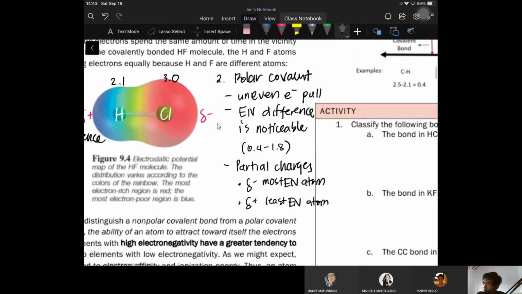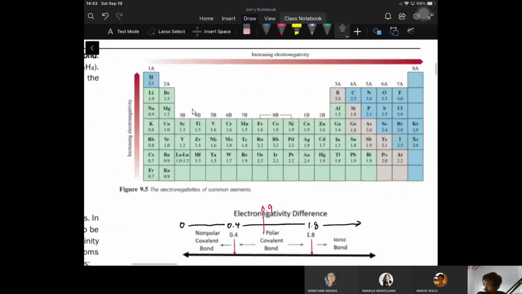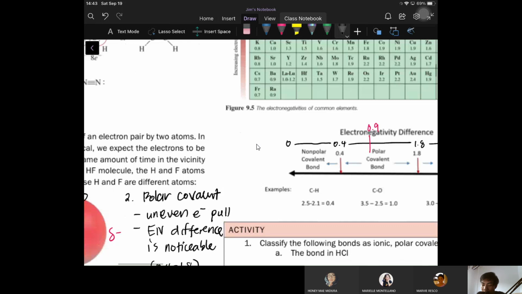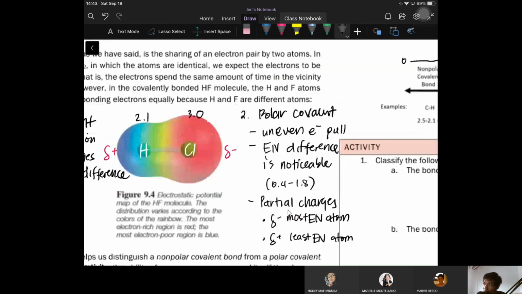Paano mo malalaman kung sino yung most, sino yung least? Pwede kabisaduhin nyo yung periodic trend or tumingin na lang kayo sa table dito. Okay lang yun, ako tumitingin lang din ako dito. So, again, may partial charges tayo. Negative for the most electronegative atom, partial positive for the least. That means, nasan yung electron? Na kay Cl. Kay H, wala masyado.